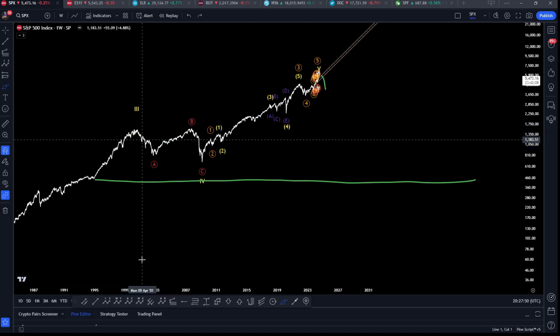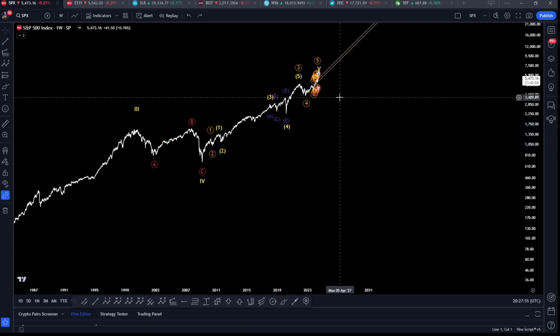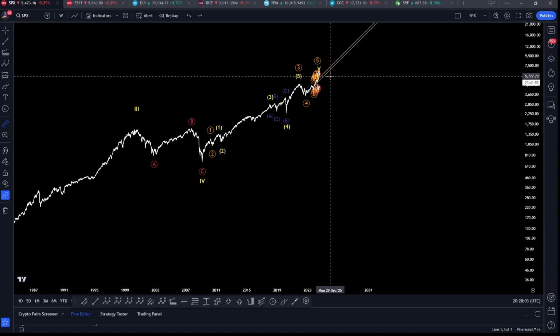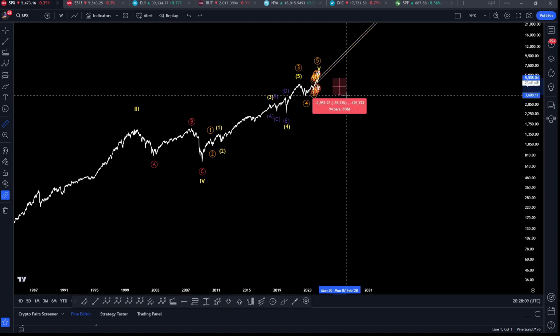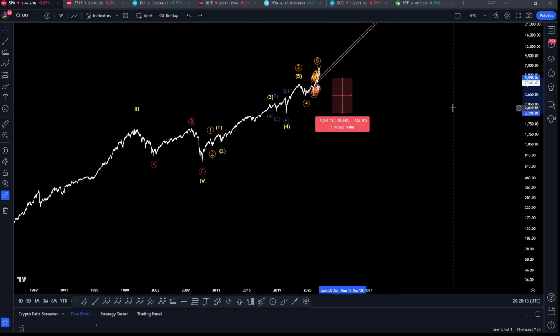Regardless, something significant is going to happen very soon. People, even in the most bullish scenario, say we just come down to the COVID crash lows, that's a 60% drop.